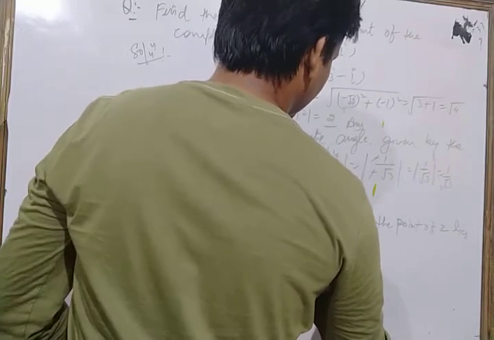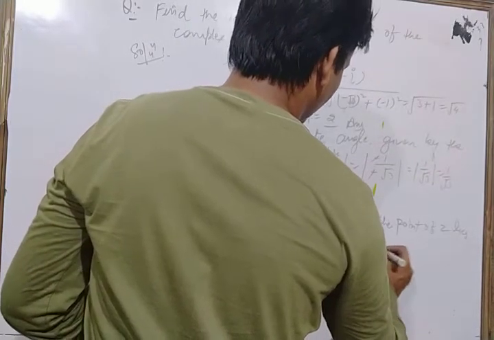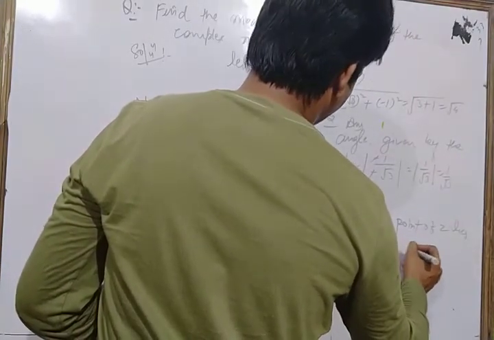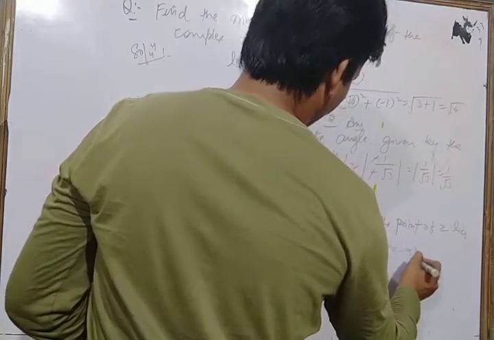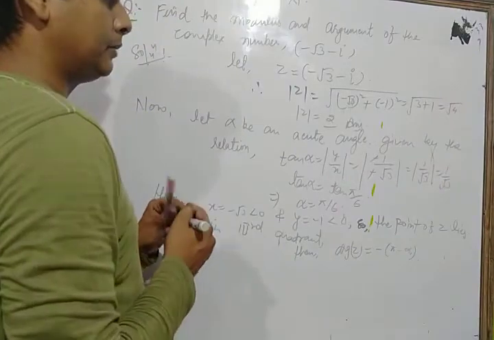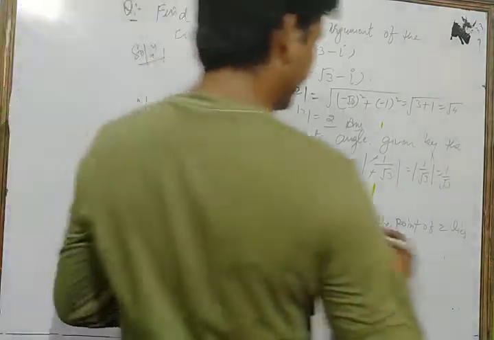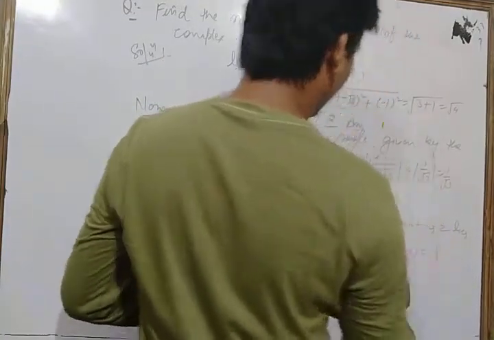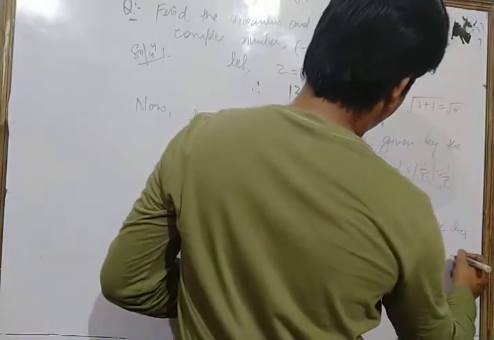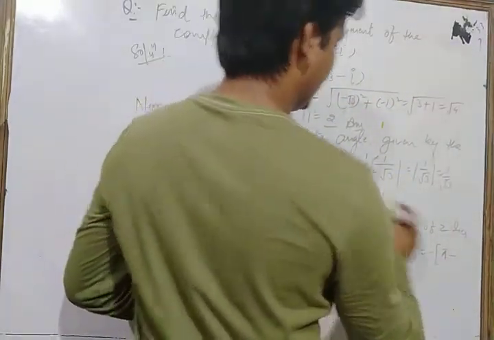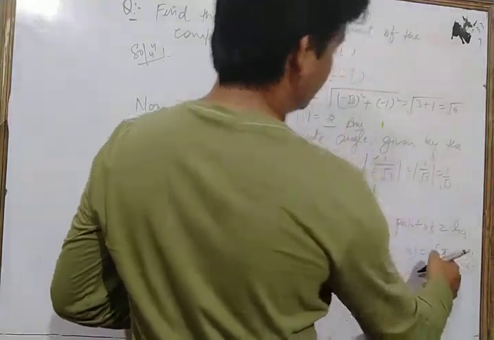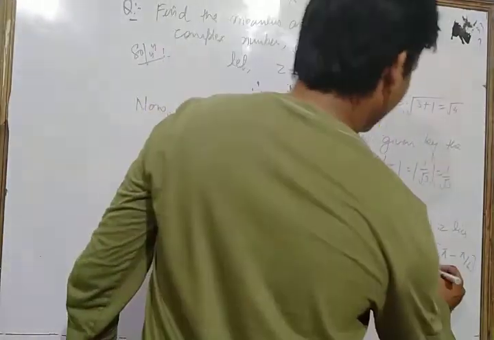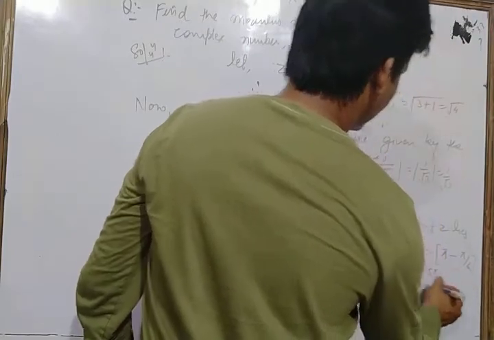Then its argument will be, argument of z is equal to minus (pi minus alpha). Here the value of pi minus the value of alpha, which is pi by 6. So we have minus (6 pi minus pi) by 6, that is minus 5 pi by 6.